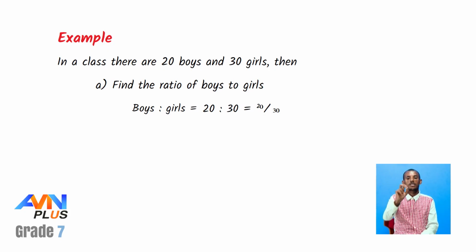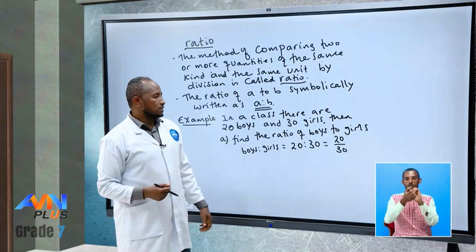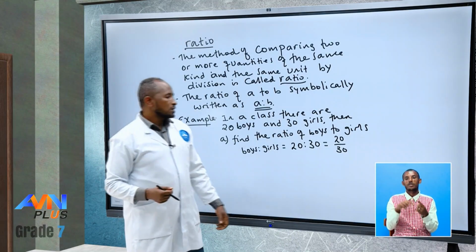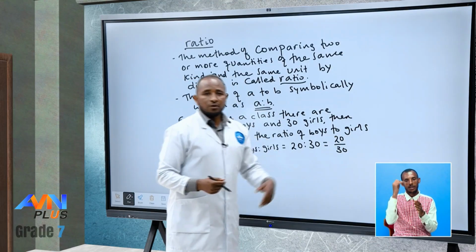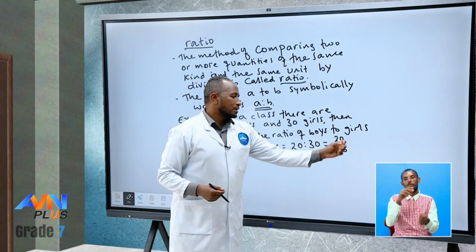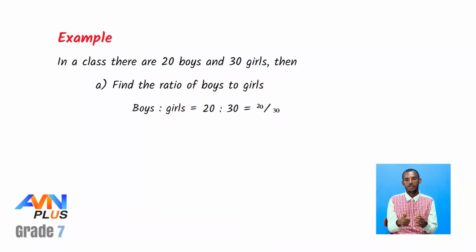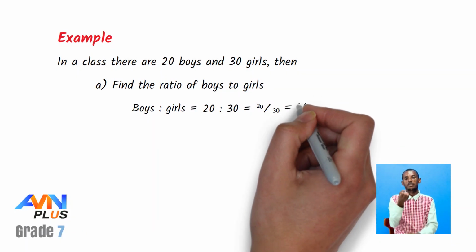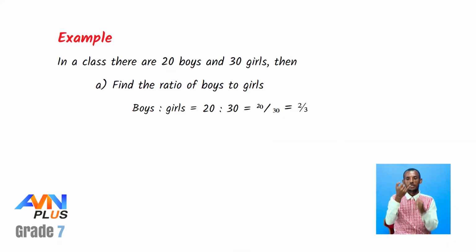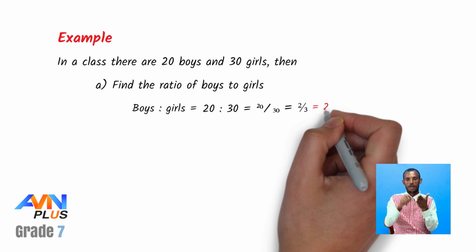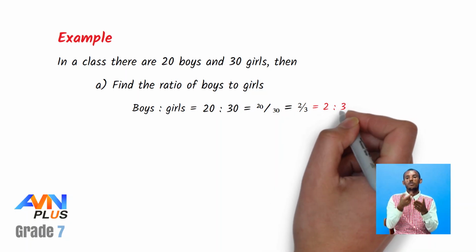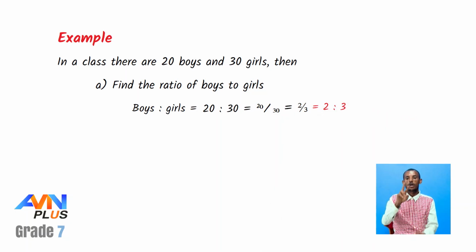Both are multiples of 10, so I can divide both by 10. You will have 2 over 3, and finally you write the ratio in this form, 2 ratio 3. This will be the answer.